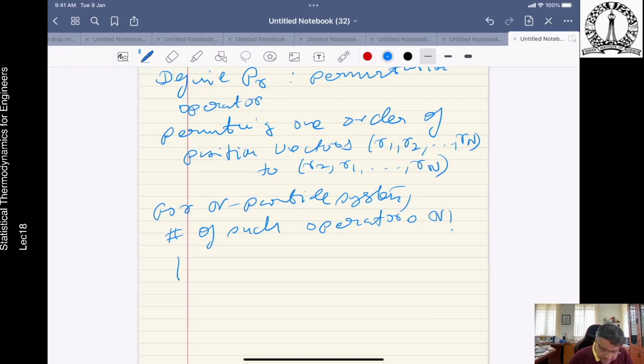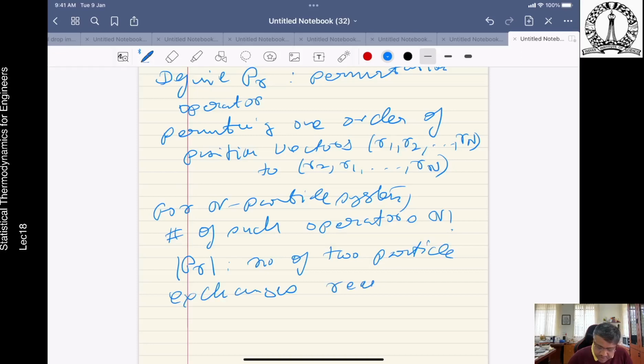So delta PR is the number of two particle exchanges required to bring the order specified by PR hat.